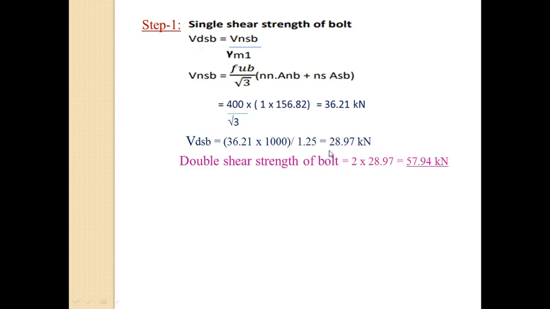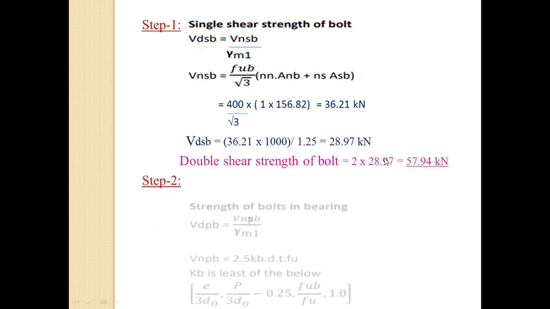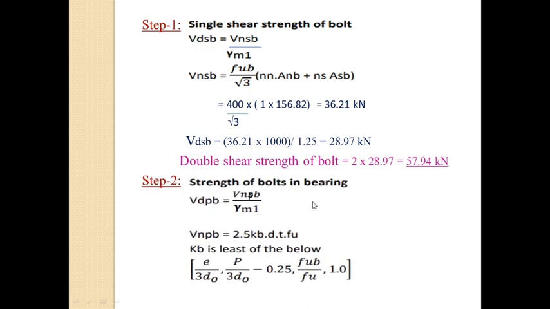Here a double angle is connected, which means double shear happens. So we calculate the double shear strength of the bolt by multiplying the single shear by 2, that is 2 into 28.97, we get 57.94 kilonewton.